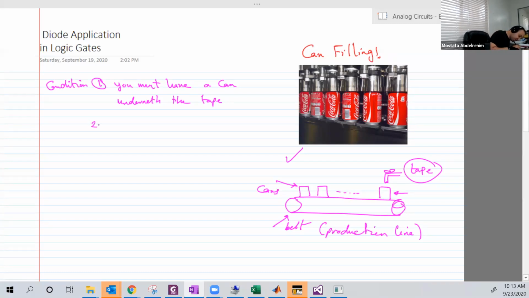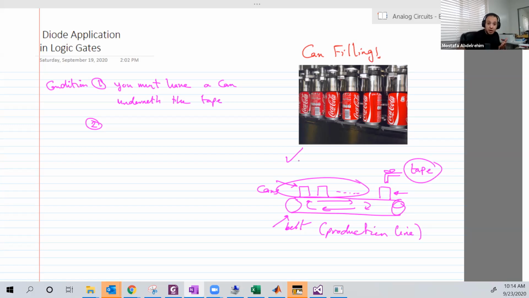The second condition, which is tricky, this guy here, this belt should be moving. Because if it's not moving, if it's static, even if there is a bottle or a can there, I will fill just one of them and I will not fill the others. Only the first one will be filled, then overflow, because you didn't turn off the tap.